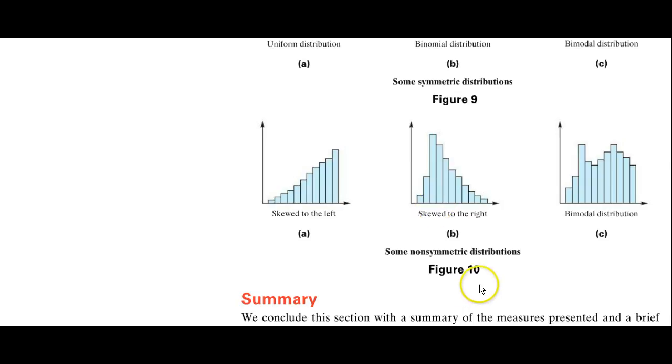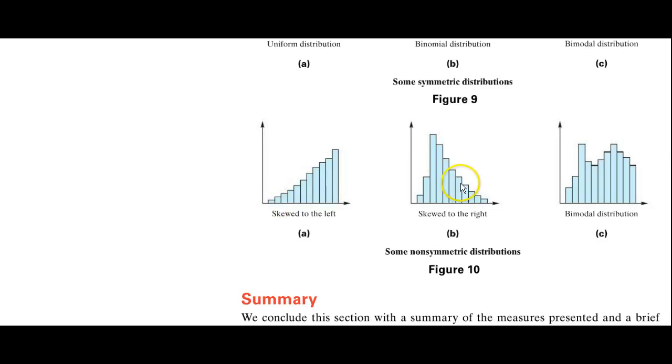Going on to figure 10, we see here these are asymmetrical or non-symmetric distribution. Here this is skewed to the left. That is, here's your right, and as you go to the left, it's not very much. It's not symmetrical, and this is described as skewed to the left, where the lesser is on the left.